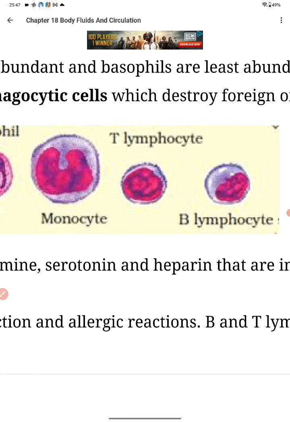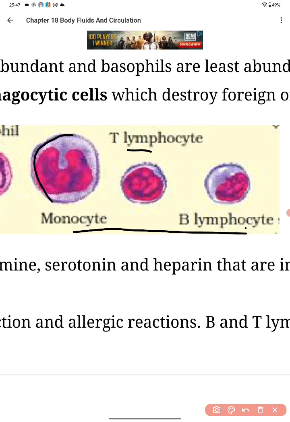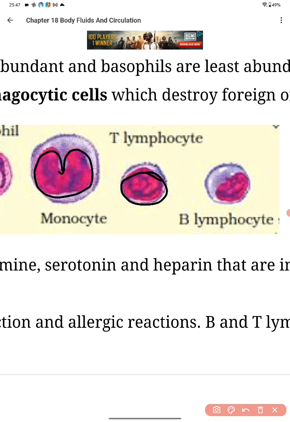Granules means some particles in the cytoplasm. But if you see these lymphocytes, they don't have any dot particles in the cytoplasm. Can you see this nucleus, how it is looking? Monocytes nucleus. And these are lymphocytes.